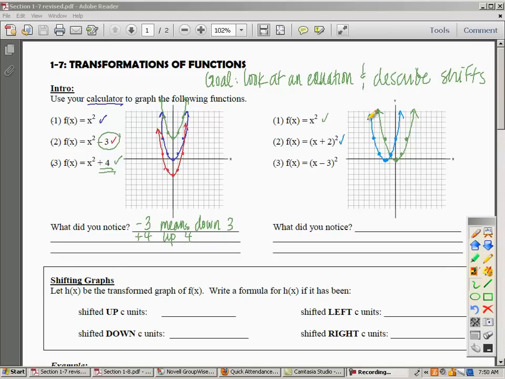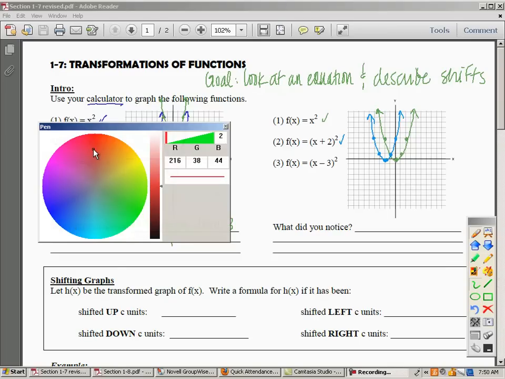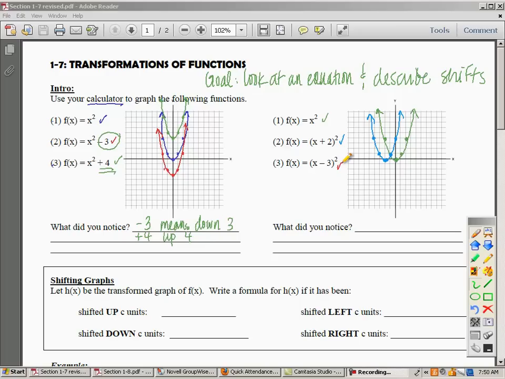So you get this parabola. Then I'm going to change my color one more time to do the third one, and you end up getting this graph. Okay, taking a look, our goal is to figure out what happened.